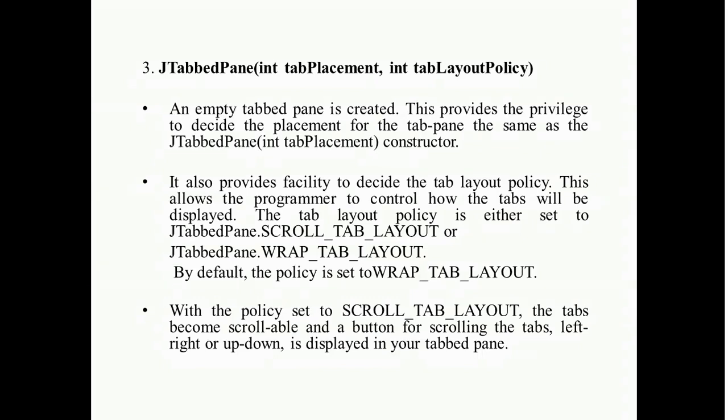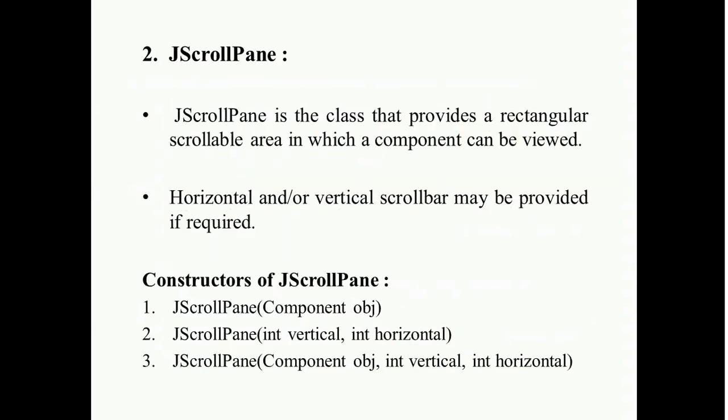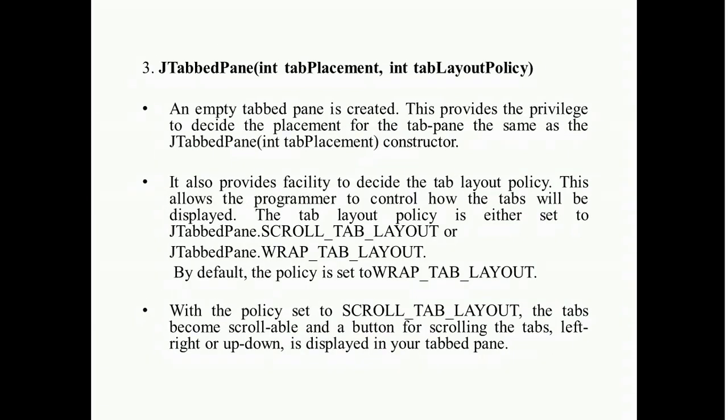And when you use scroll tab layout, the tab becomes scrollable and the scrolling tab buttons are left to right or up to down. These are the constructors of the JTabbedPane. Now see one example of the JTabbedPane.